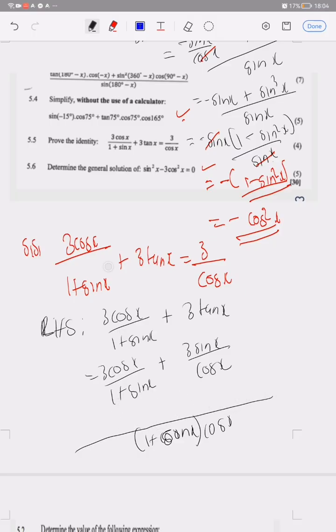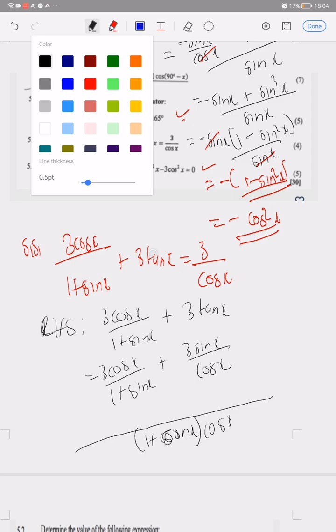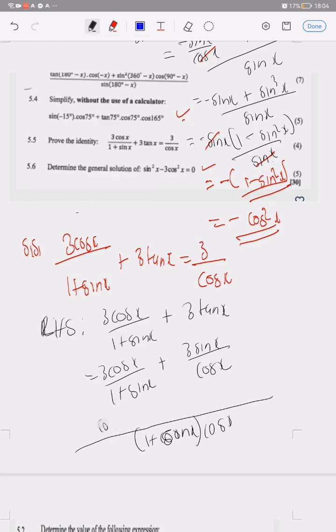So when you cancel 1 plus sine x on the LCD, I'm left with the cos x. So I'll have cos x times 3 cos x, plus, cancelling cos x in the LCD, I'll have 1 plus sine x times 3 sine x.